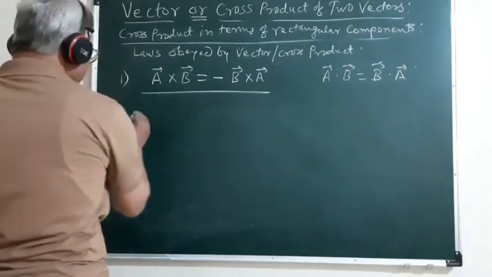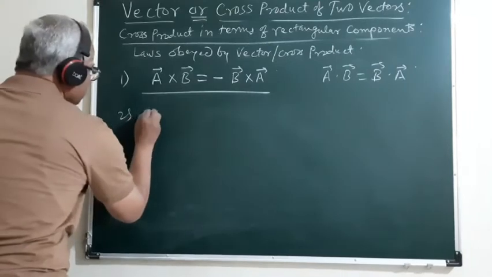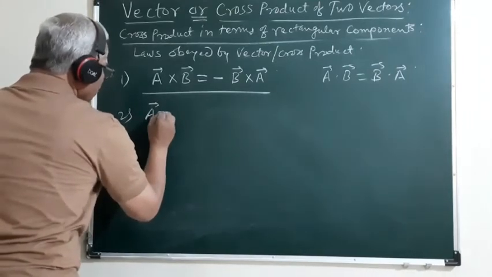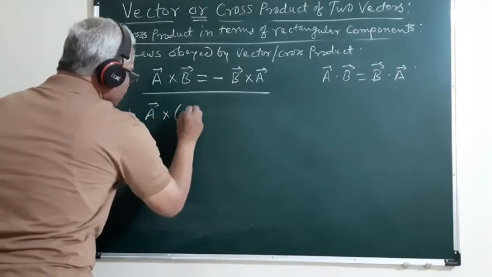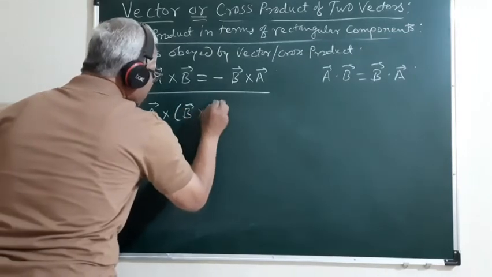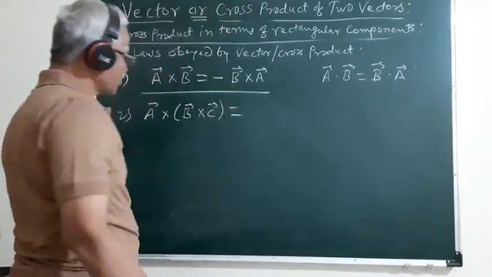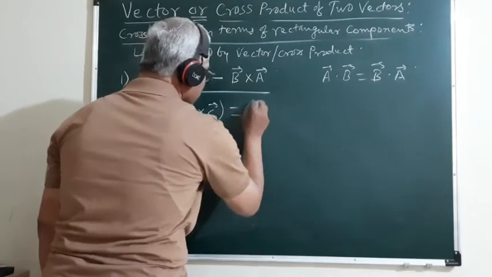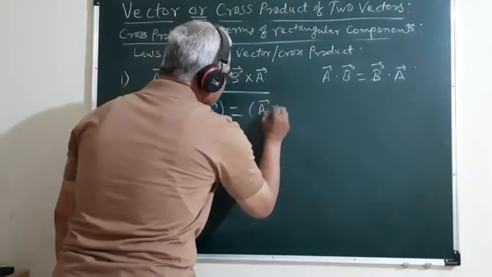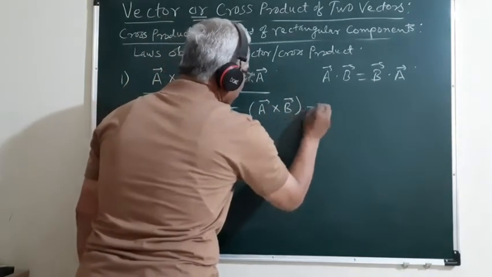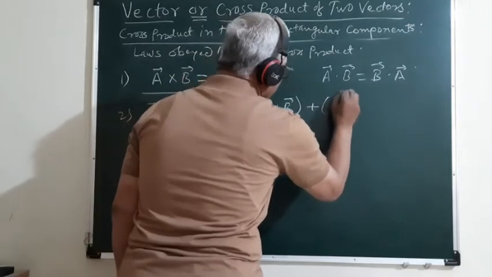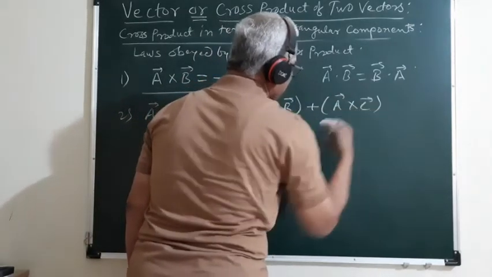Then the second law obeyed is that if we want to evaluate A bar cross the sum of B bar and C bar, then this cross product can be expressed as A bar cross B bar plus A bar cross C bar.